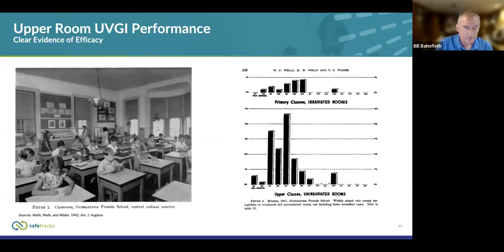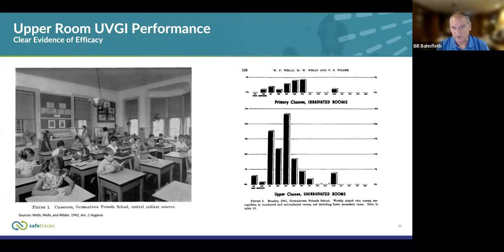Great. Thank you, Eric. So I'm going to talk about interactions with the air distribution and other factors in systems. We want to start from the point of view that we do have plenty of evidence that upper room germicidal ultraviolet is very effective, and that goes all the way back to the 1930s when studies like the one shown here were done by Wells and Wilder at the Germantown Friends School near Philadelphia.